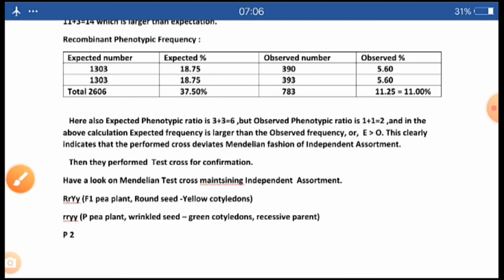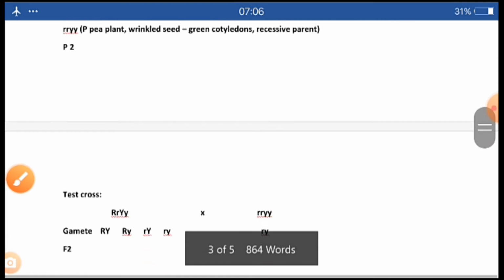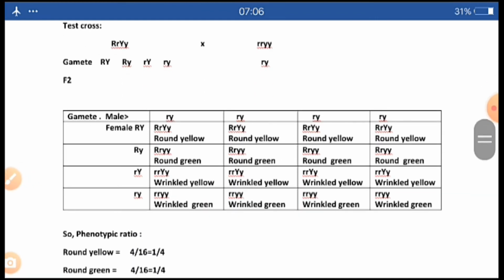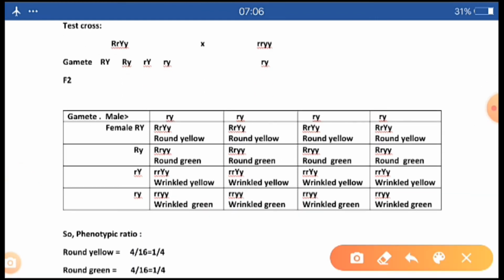Okay, have a look at the conventional test cross result. This is a conventional test cross result of Mendelian principle. Here we follow totally the Mendelian principle. That is why I have taken the plant as P plant, and here the F1 plant is capital R, small r, capital Y, small y.